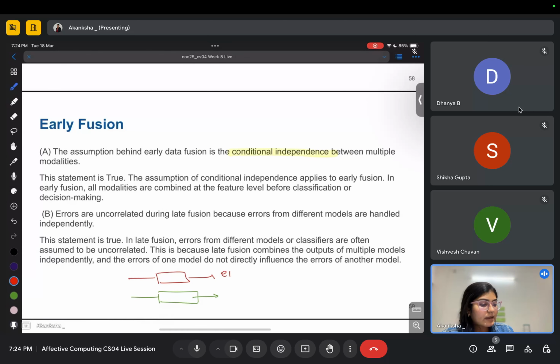So E1 won't be responsible for model 2, and E2 won't be responsible for model 1, because it is concerned with only model 1. Only the corresponding error is used, so they are uncorrelated. It does not mean that whatever is happening in one pipeline will also happen in the other pipeline.